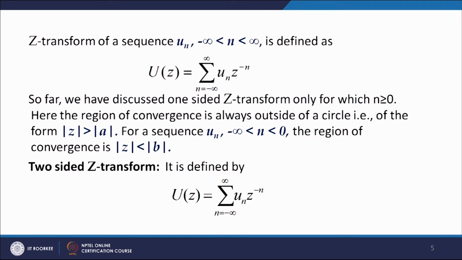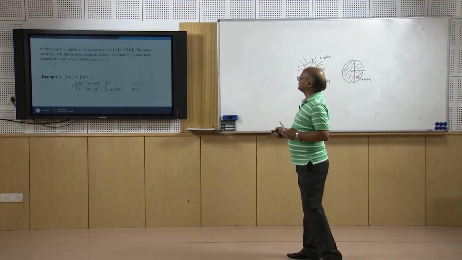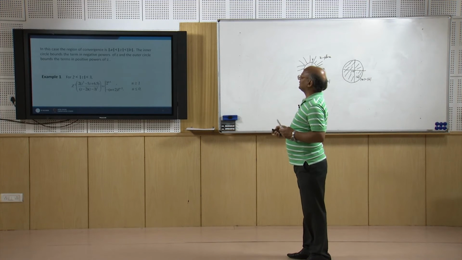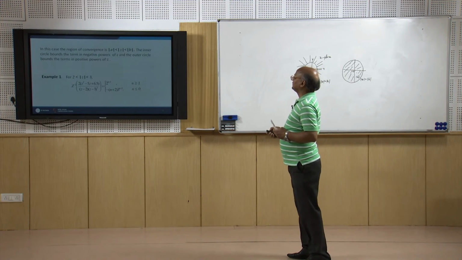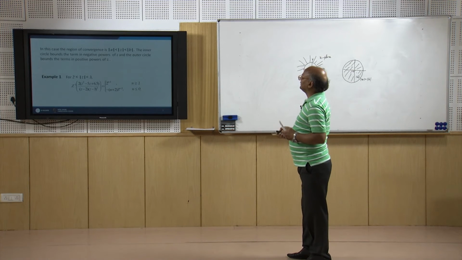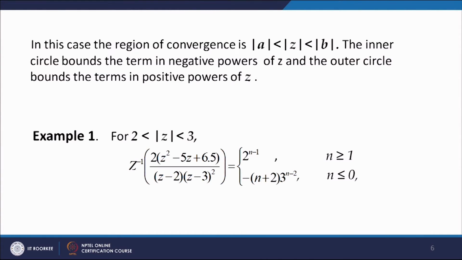So, for the two-sided Z transform, the region of convergence will be of the form mod of a less than mod of z less than mod of b, that is the region of convergence lying between two concentric circles. So, such a region of convergence is known as annular region, and the inner circle is mod of z equal to mod of a. So, it bounds the terms in negative powers of z, and the outer circle, which is mod of z equal to mod of b, bounds the terms in the positive powers of z.